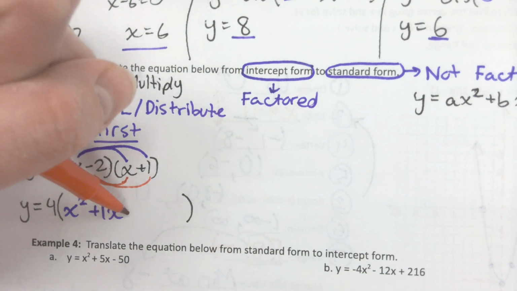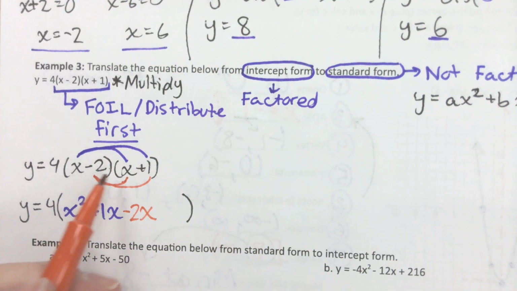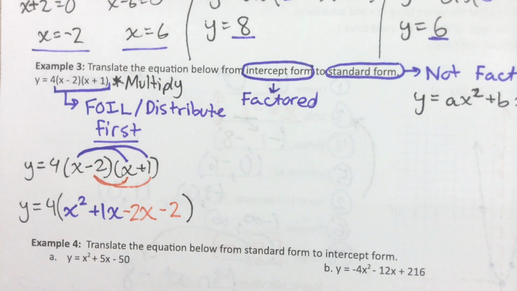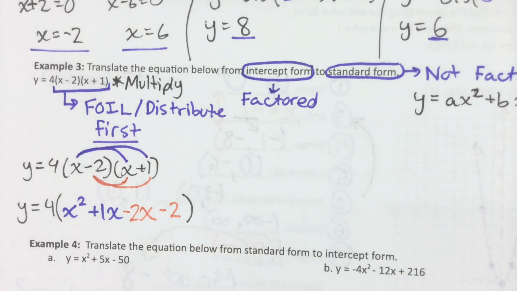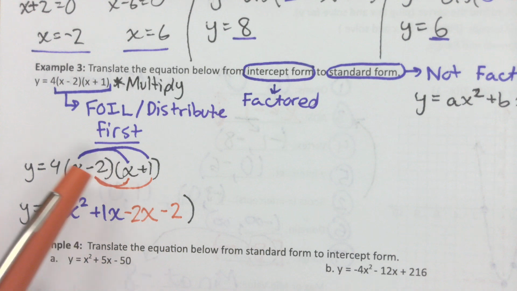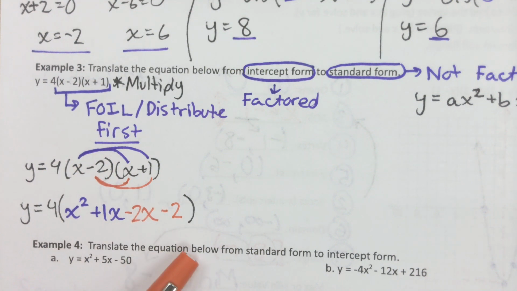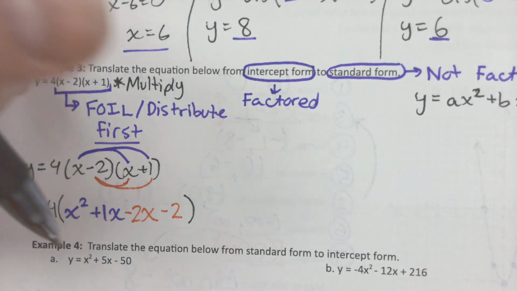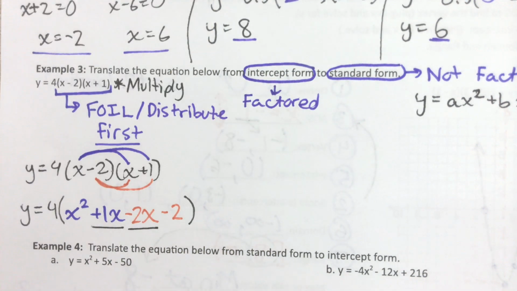Negative 2 times x, that's negative 2x. Negative 2 times 1, that's negative 2. We multiplied 4 times, so we should have 4 things here. If you do this in the order that I showed you, these middle 2 terms will be where your like terms are. If you go out of order, they'll still be there, but you'll have to find them.